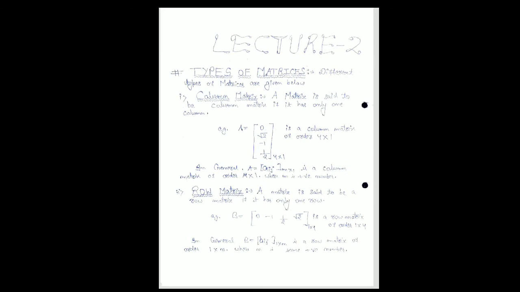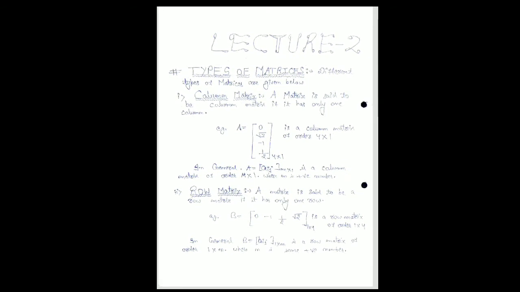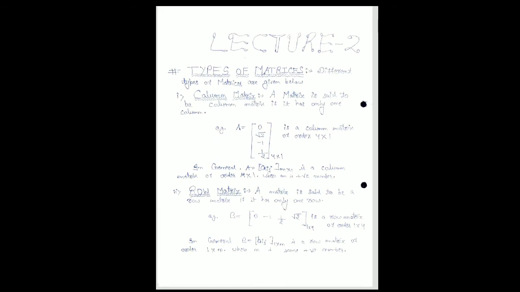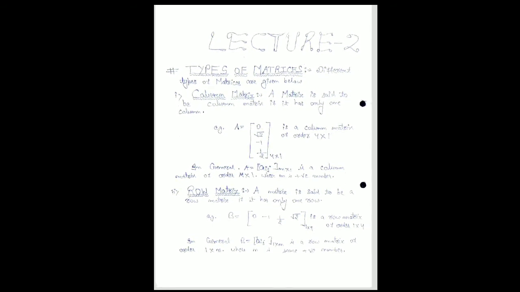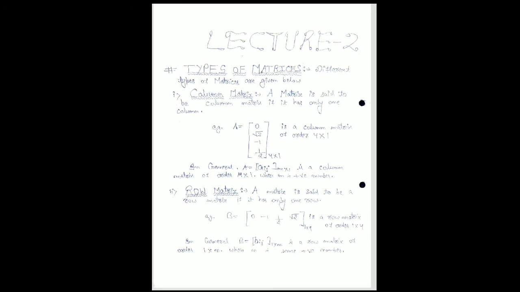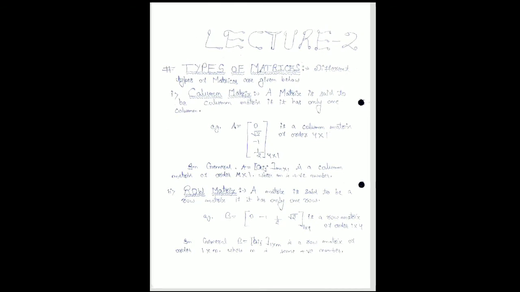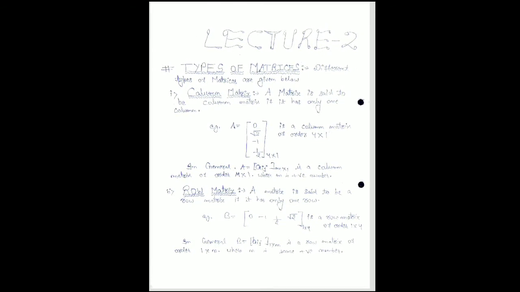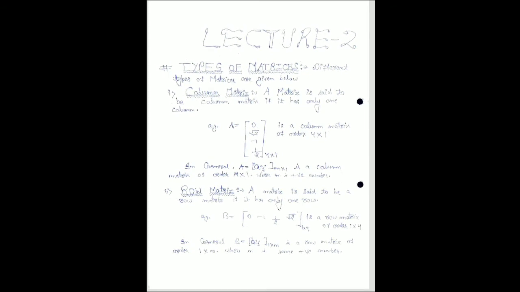It means there is only one row and 4 columns. Then we call this matrix a row matrix. In general, we can say that any matrix whose order is of the form 1 cross n, where n is some positive number representing the number of columns in the matrix, is a row matrix.